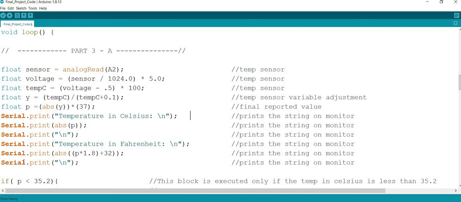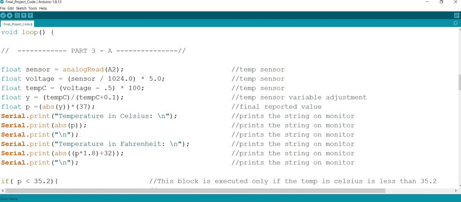Then it takes a new line and it will print the absolute value of P, which is the temperature that we have defined in Celsius. And then it takes another line, and then it prints the temperature in Fahrenheit using this formula, which is the linear dependence between the temperature values in Fahrenheit and Celsius.